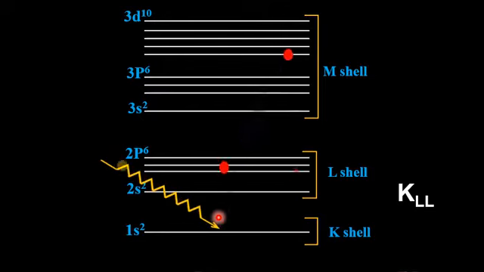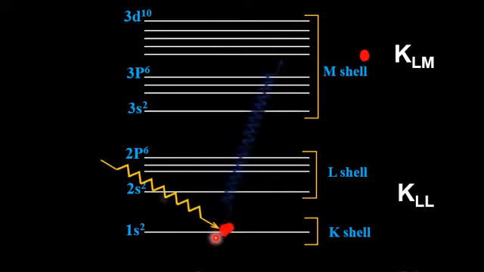So the structure of the atom becomes unstable. In order to make the atom stable, a higher energy level electron, like an L shell electron, will jump into the core K shell electron position. When a higher energy level electron jumps into the core energy level position, as a result it will emit higher energetic characteristic X-rays.